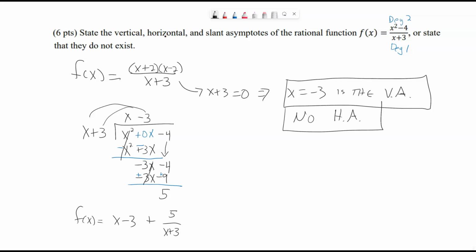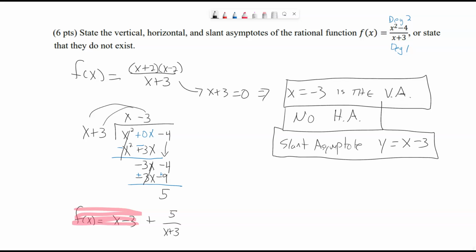Now the remainder, when we let x get very large, goes to 0, making the slant asymptote what's left over. So this part, without the remainder, y equals, that's your slant asymptote. So we have y equals x minus 3.